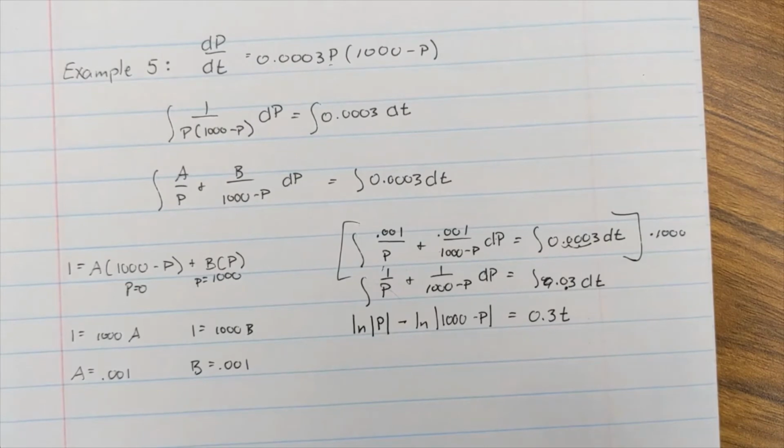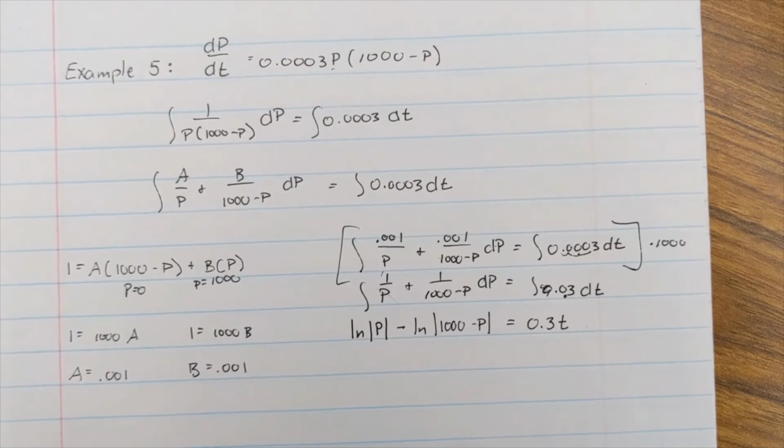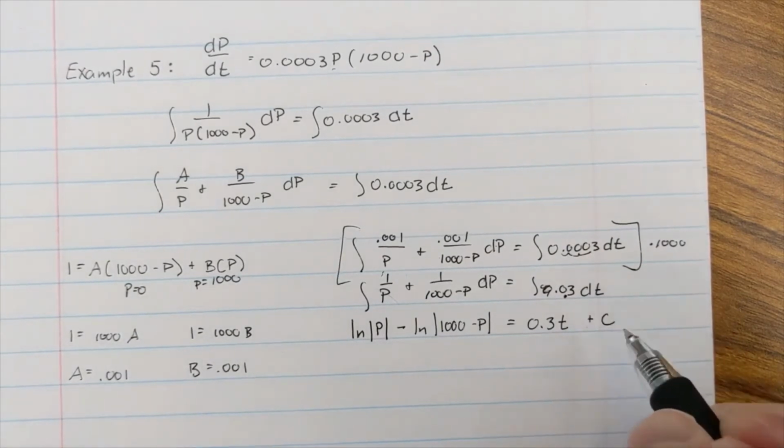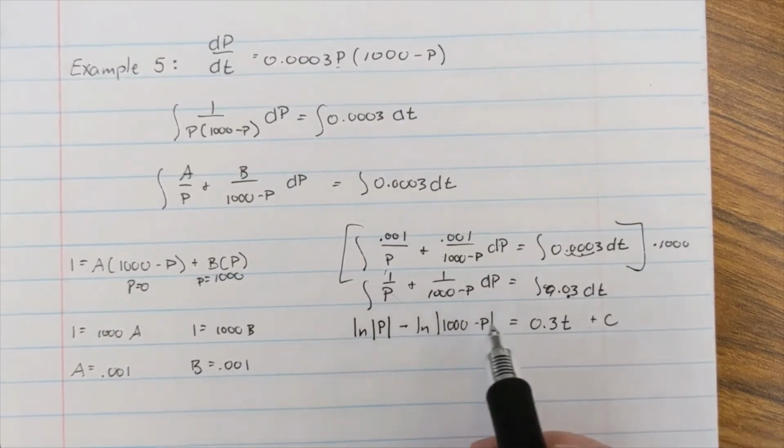So let's see here. What can we do next? So I'm going to multiply, oh, sorry, forgot a plus C. These absolute value bars aren't necessary, but I'm going to multiply everything by -1 because I'm going to reverse the order.